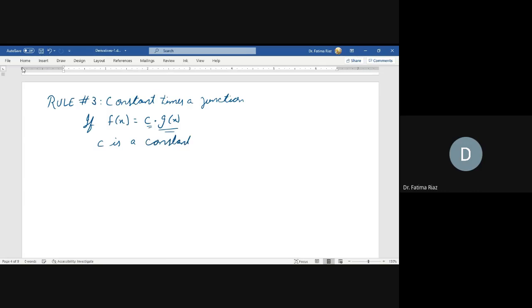C is a constant, and g of x is a differentiable function. Means derivative of this function is possible. Whenever I said that differentiable function, that means that the derivative of this function is possible.